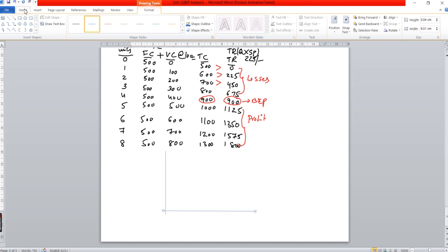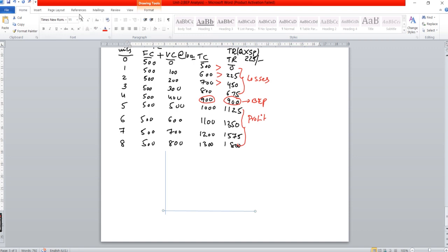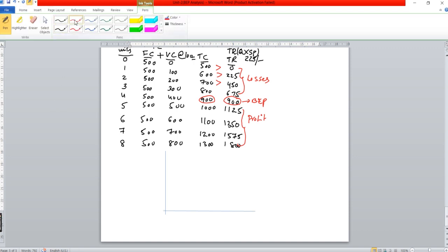So always we can take number of units on the x-axis, and take cost and revenue on the y-axis. And we know that the number of units is 8 here.